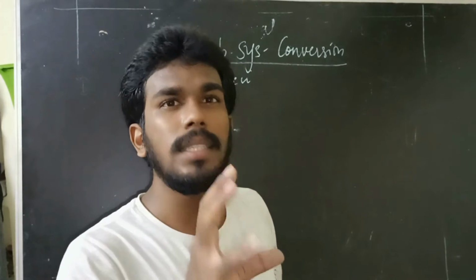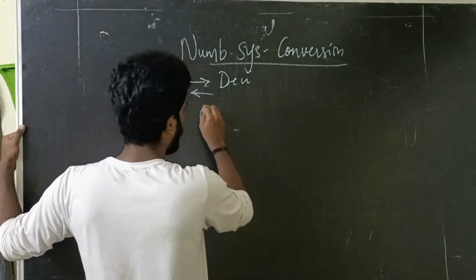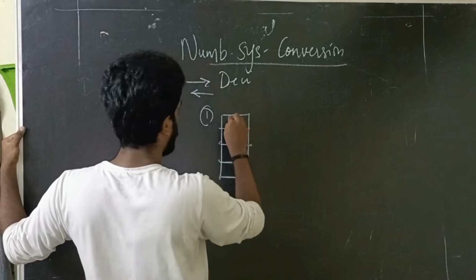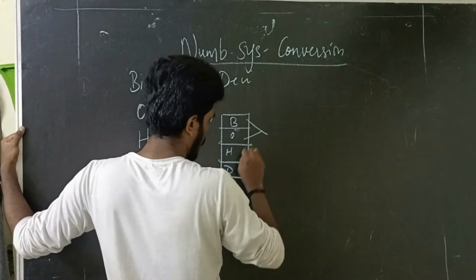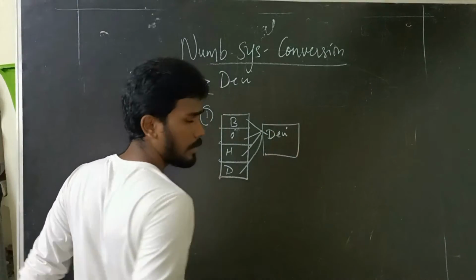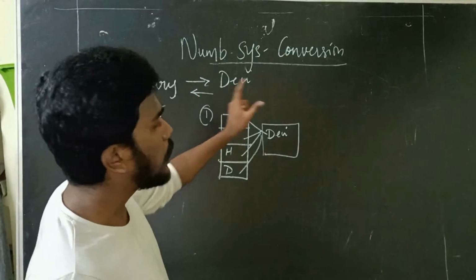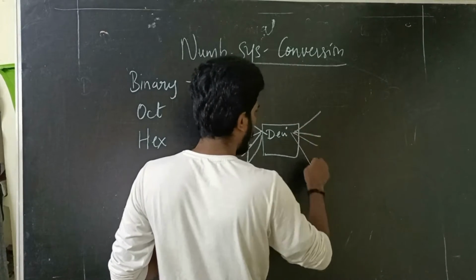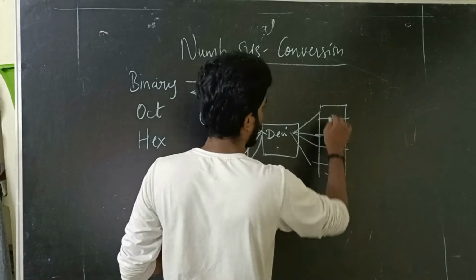The easiest way to implement this operation is that there are two things you have to know. First, whatever the number system is, try to convert that into decimal form. Once you know the logic of converting a number system to decimal form, also develop the knowledge of converting a number from decimal to the other number system forms.